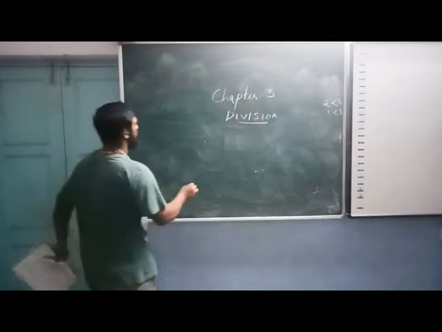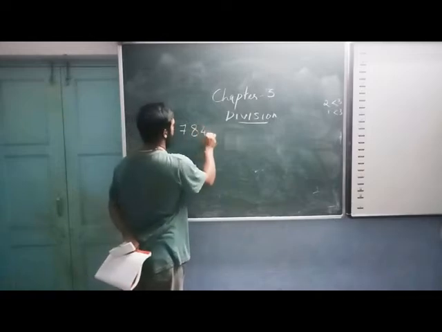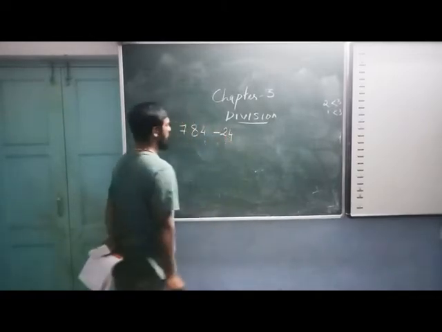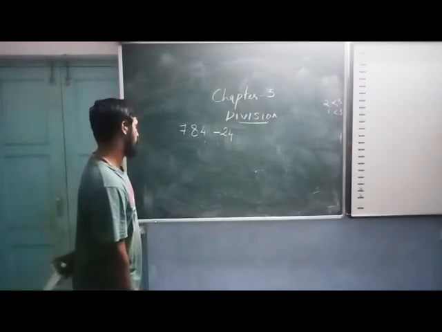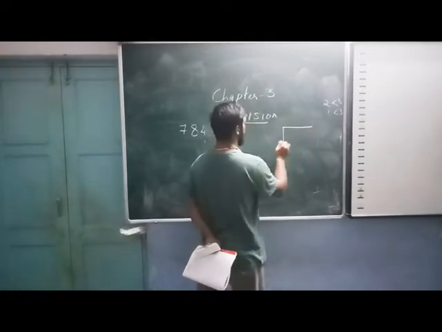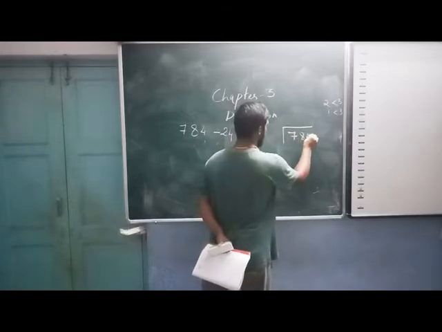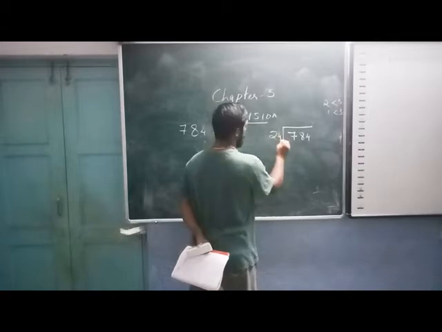Let us take 784 divided by 24. We are going to divide a 3-digit number by a 2-digit number. First of all, draw the division table. Write the number 784 and the divisor is 24.